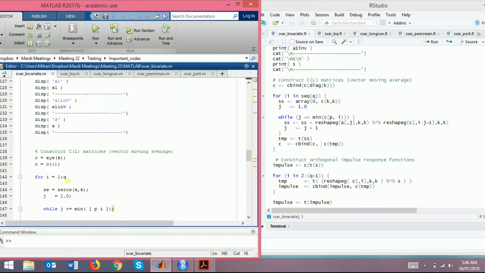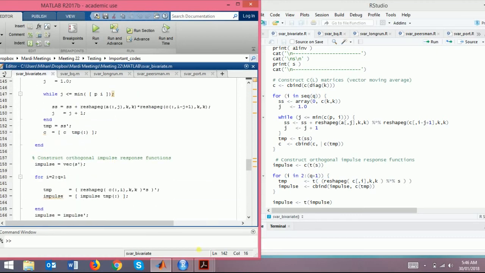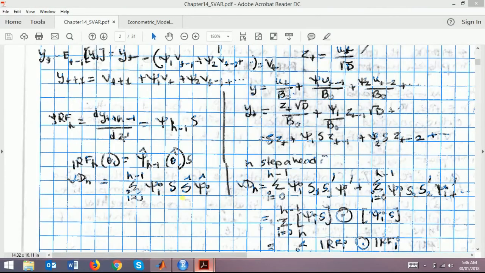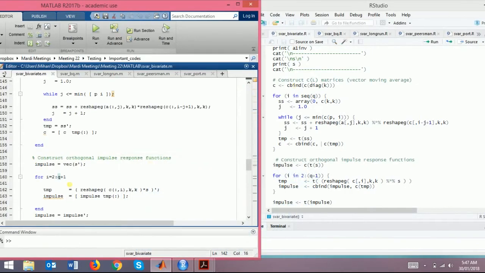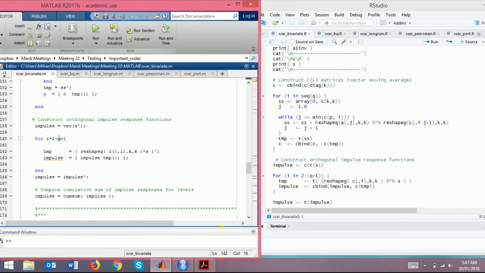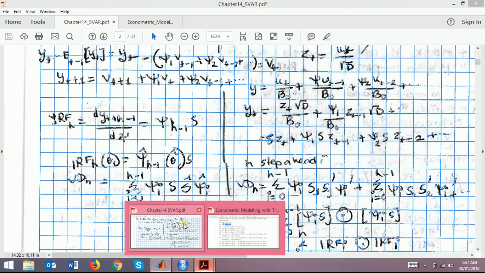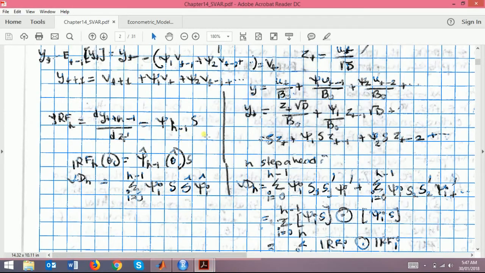Is q our moving average parameter? Yes, because h is associated with the moving average parameter. So h minus 1 is the moving average parameter, psi q.